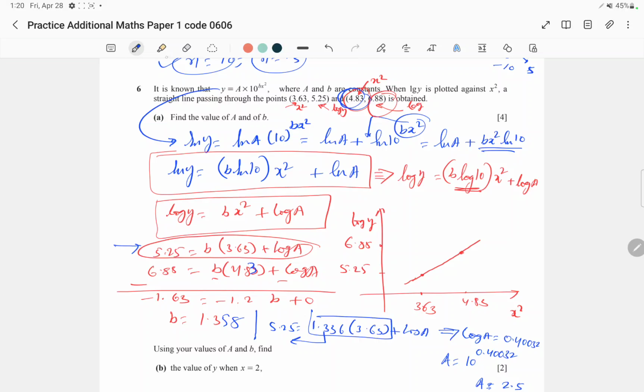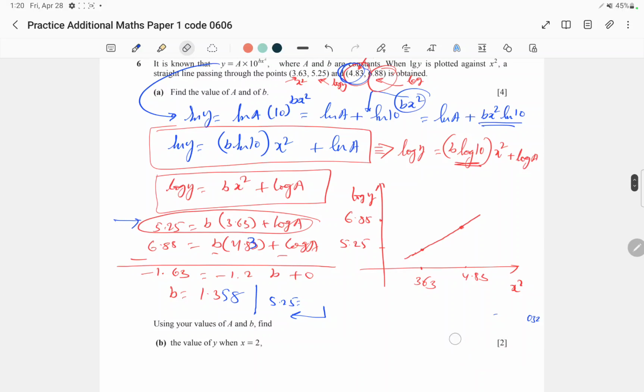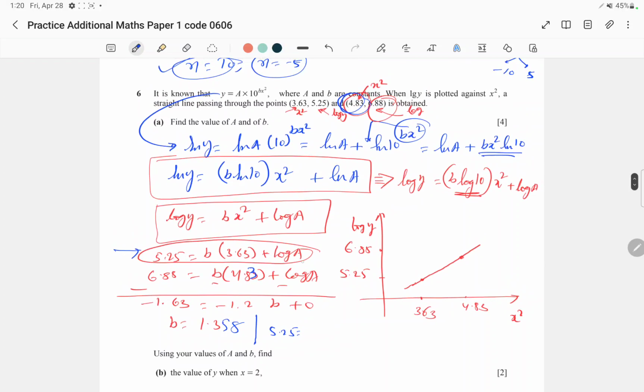Now after getting b, we have to do this calculation again. No worries, we can do that. We use this result over here, 5.25, and b is 1.358 times 3.63 plus log a.